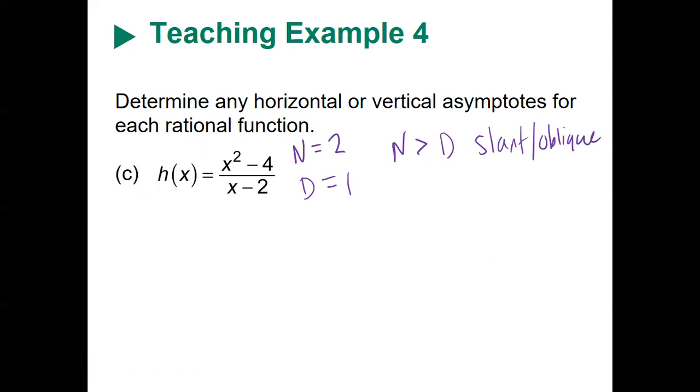And this one we have a choice of doing long division or simplifying and doing division. So x squared minus 4, this can be factored, right? It can be factored into x minus 2 times x plus 2. Do we all remember difference of two squares?